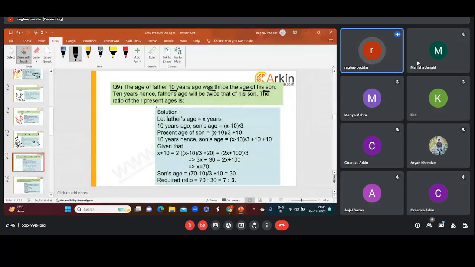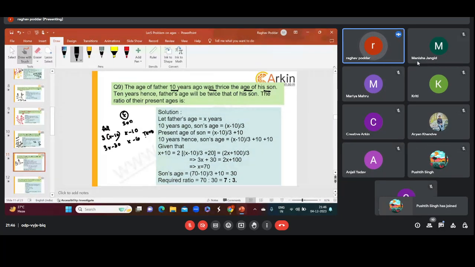So if I've taken son's age as x, 10 years ago it would be x minus 10, son's age. Father's age would be 3 times x minus 10 because father was twice as old as his son. So it would be 3x minus 30 and this is x minus 10. This is 10 years back.